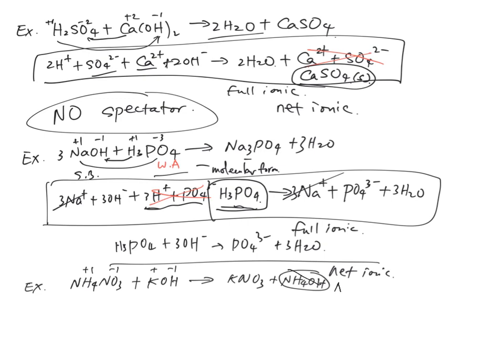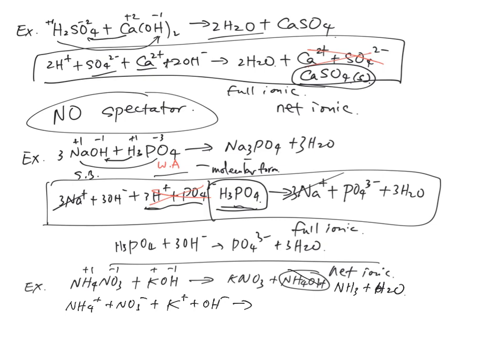Instead of writing that, we write ammonia and water molecule. Now, dissociate, dissociate, dissociate, dissociate: soluble salt with ammonium nitrate, and strong base with potassium hydroxide.